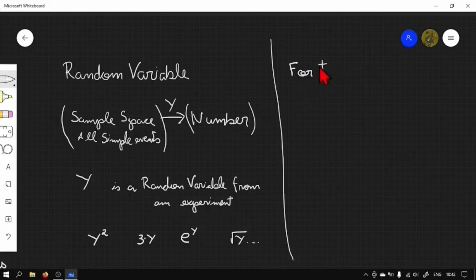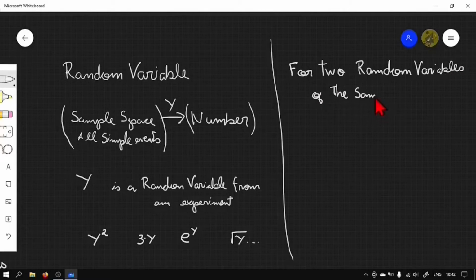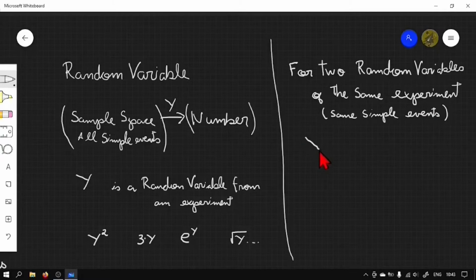Another thing we can do is that if we have two random variables of the same experiment, what I mean is that the simple events are the same. So let's say that we have x and y, then we can define many different random variables.